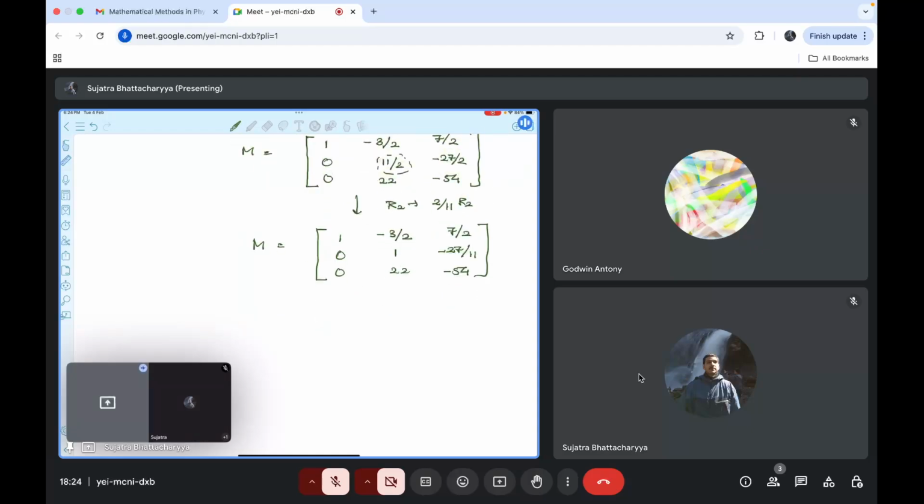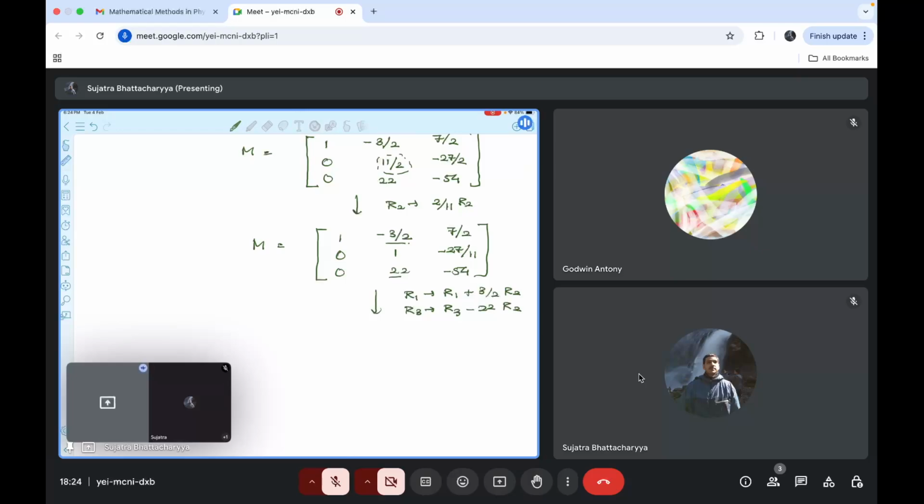Next step is to change these elements to 0. So based on that, it will be R1 plus 3 by 2 R2 and R3 minus 22 R2. All right.